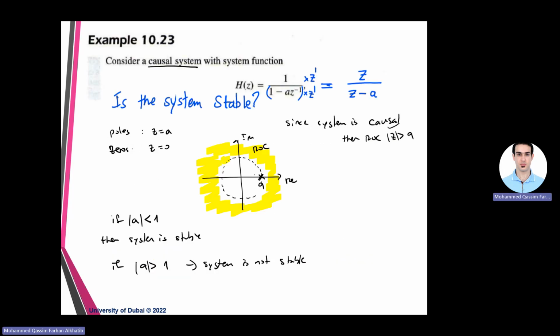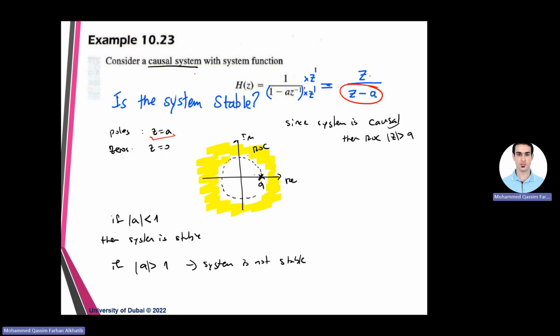So here consider you have this causal system as 1 over 1 minus a z to the negative 1. You multiply numerator and denominator by z to get it into the conventional form, z over z minus a, which is a to the power n, u of n. The pole here is at a, and in this case the region of convergence is outside the circle, with a pole at a and a zero at 0.